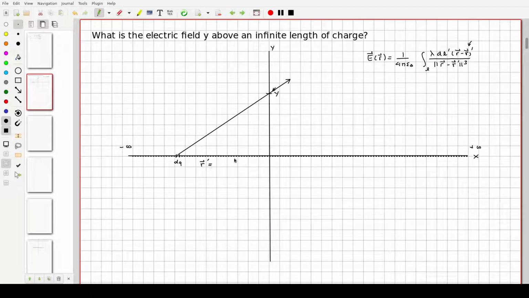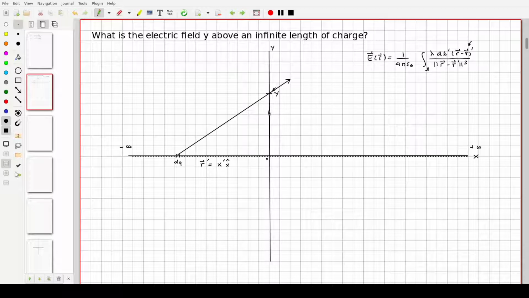Well, r prime is the distance from the center of our coordinate system to wherever our charge is located. And our charge is located along the x-axis. So it is going to be at x prime, x hat. Now x prime is going to run from minus infinity to plus infinity as we add up all of the effects of the electric field.